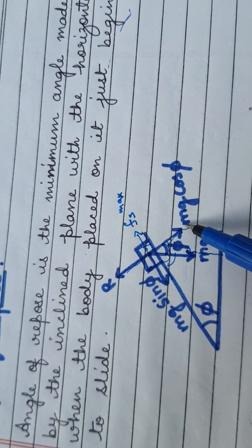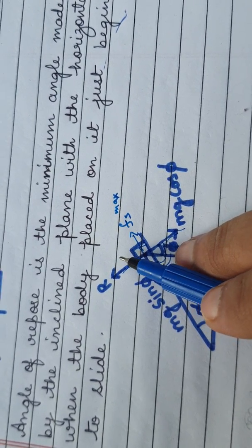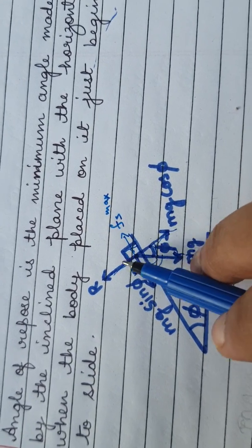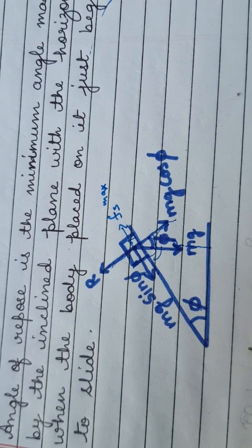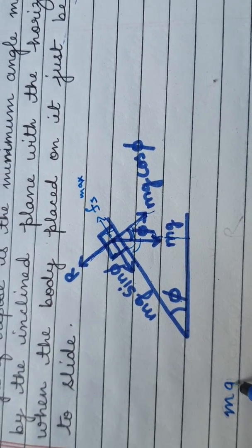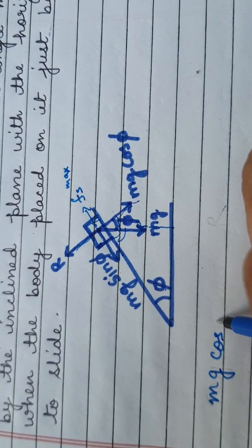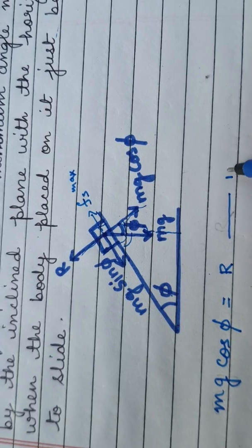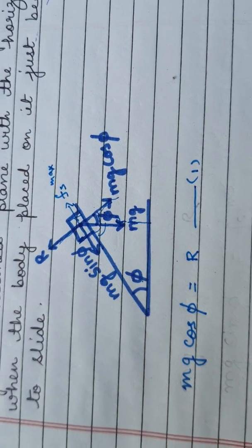The normal reaction R is balanced by mg cos phi. These two are equal and opposite, so mg cos phi will be equal to R. This is our equation 1.